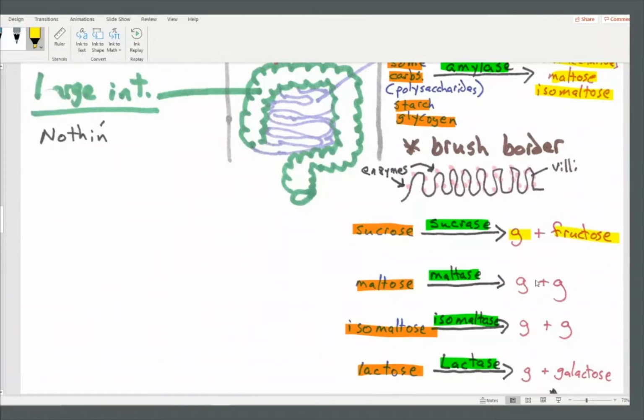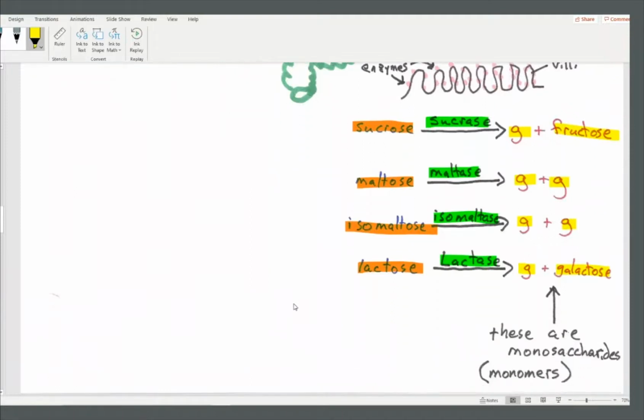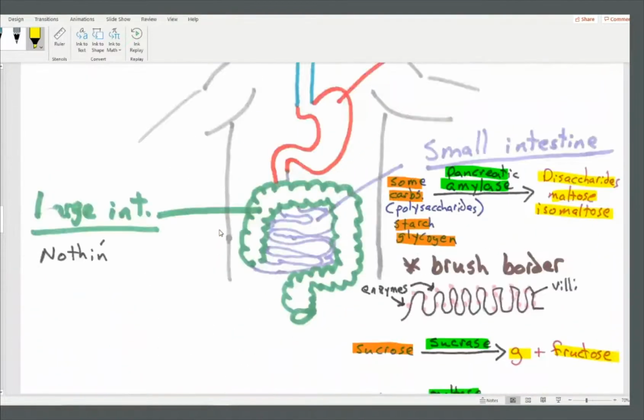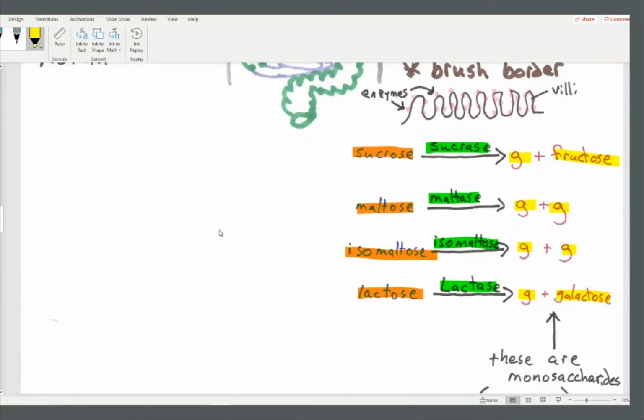Glucose and fructose, glucose and glucose, little g for glucose, by the way, people, glucose and galactose. These are the monosaccharides, the monomers that I could then absorb. So I've gone up in my mouth from complex polysaccharides all the way down in my small intestine to monosaccharides, which I could then absorb.